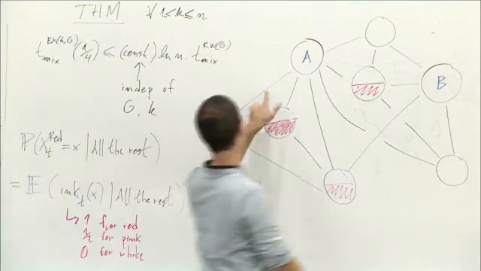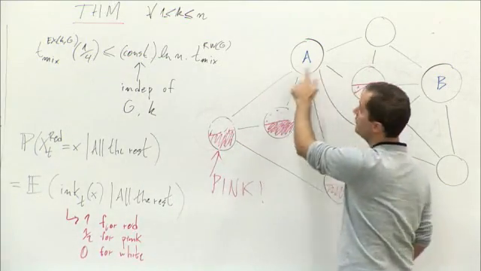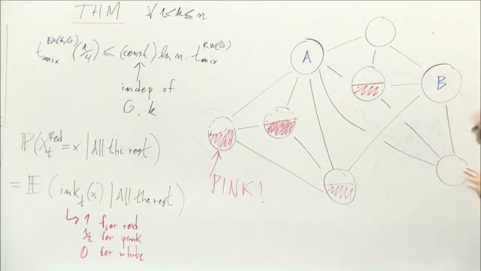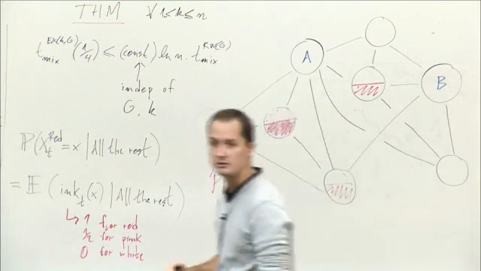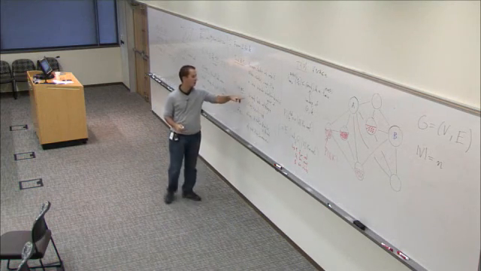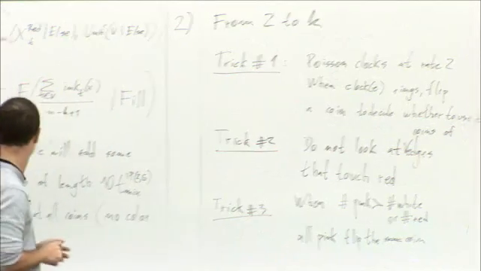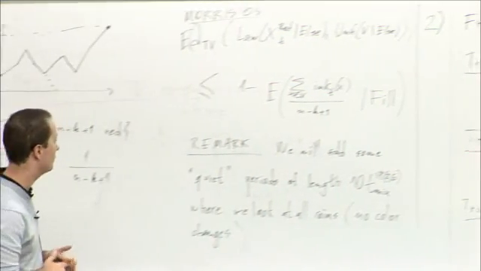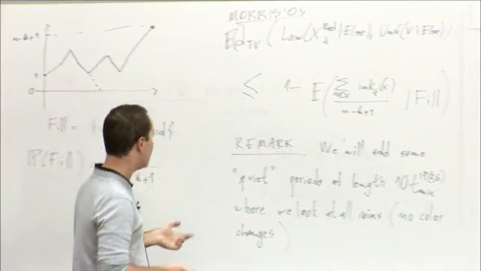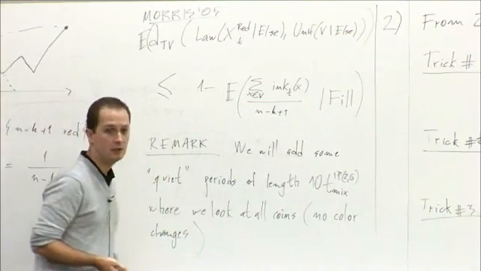So if this edge rings, the blue particle over here and the pink particle over here switch places. So particles are simply going to move around with no color changes. And of course, that means that we don't apply the strict number 2 here at those times. So that's why I say we look at all coins. And we need this because we essentially don't know what the heat kernel looks like.